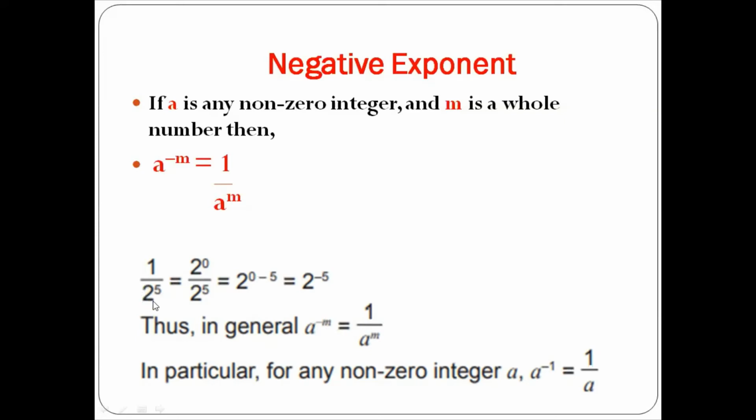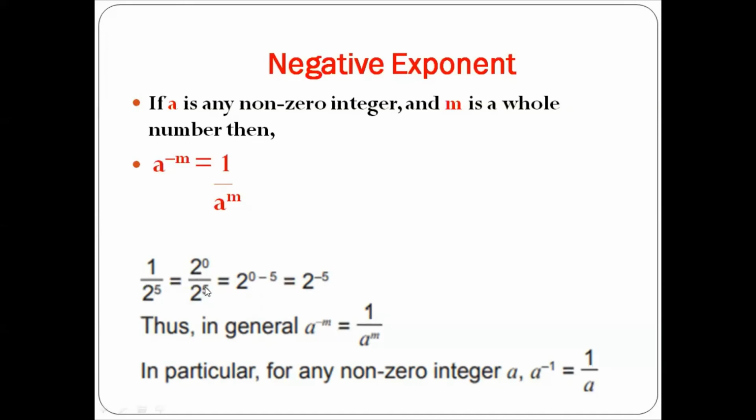So here you can see 1 upon 2 raised to power of 5. We need to simplify it, so we will take the same base as here, which says that 2 raised to power of 0 is 1. So 2 raised to power of 0 upon 2 raised to power of 5. We have kept it as it is.